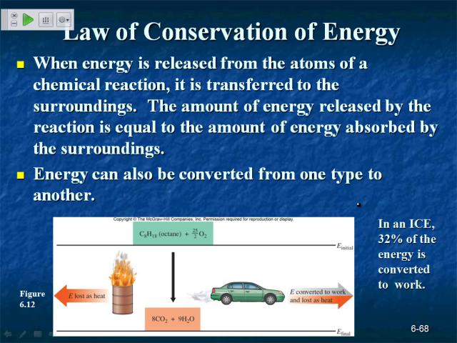We can only convert a form of energy to another form and another form. So energy keeps getting transferred from form to form. The total energy of the universe is a constant. That is the first law of thermodynamics, which comes from the law of conservation of energy.